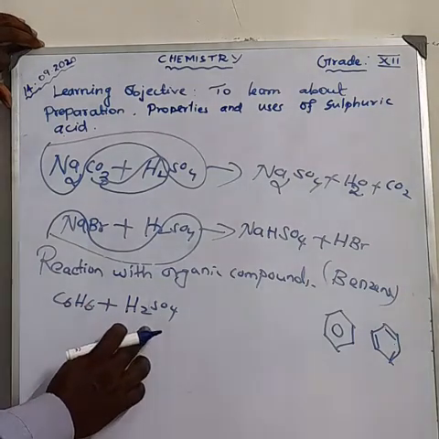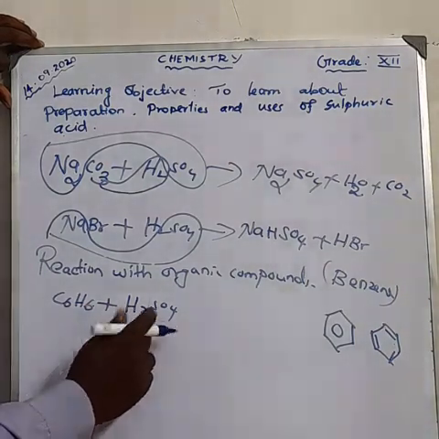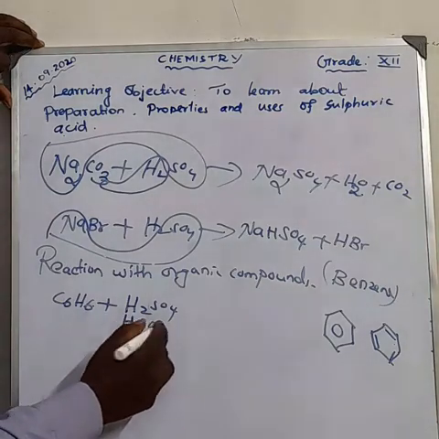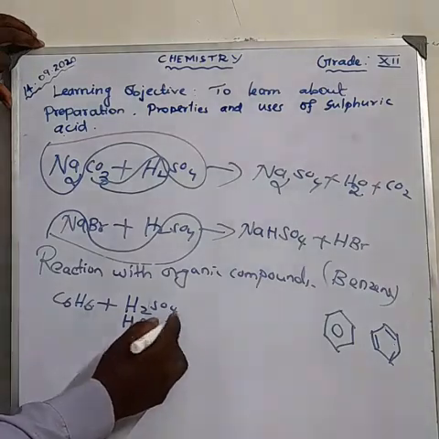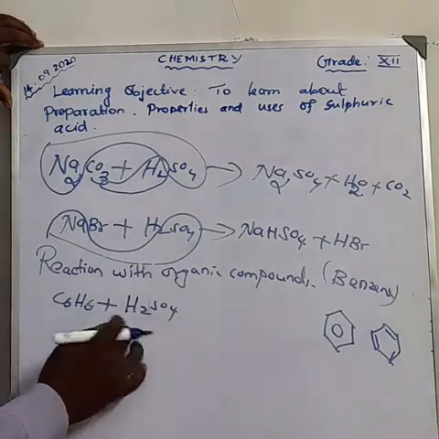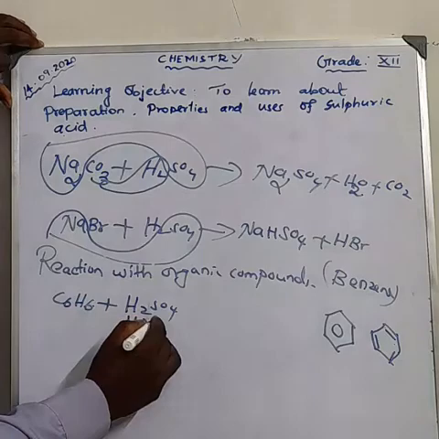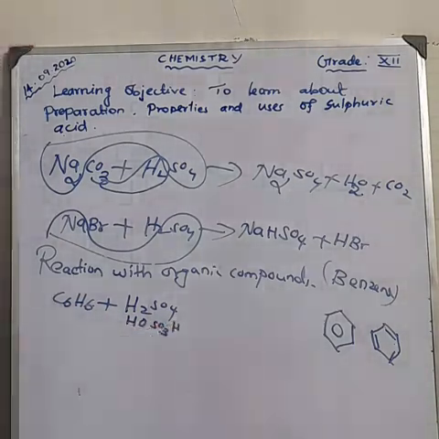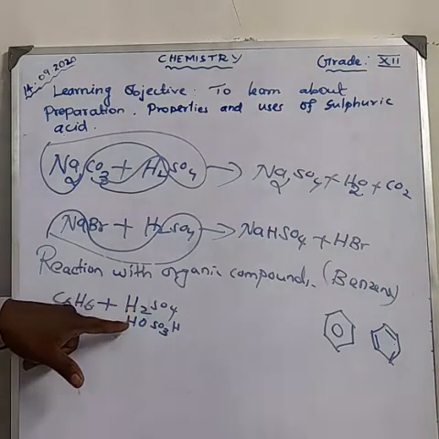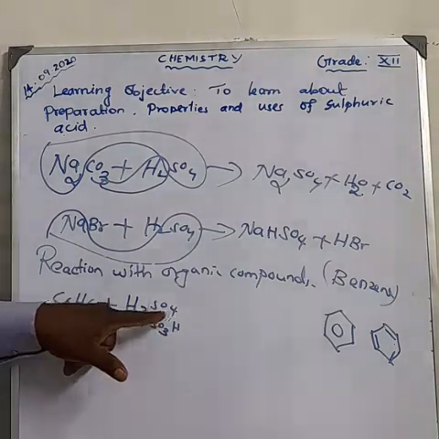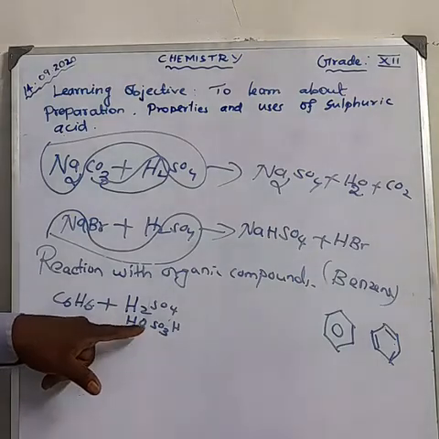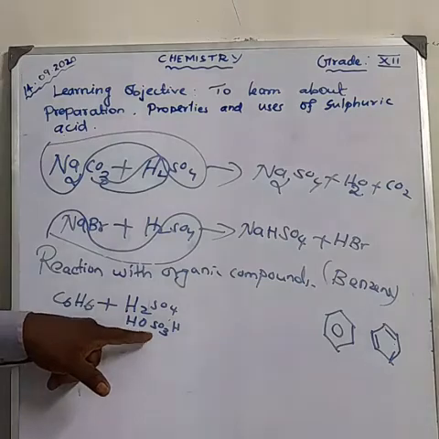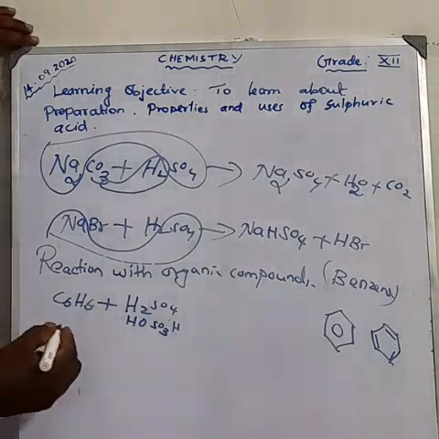Sulfuric acid can be written as HOSO3H. Can you write sulfuric acid like that? How much hydrogen is there? Two hydrogen. SO4 can be written as OSO3. So what's the product?